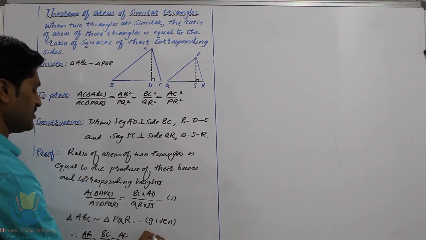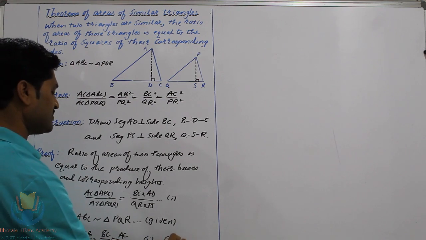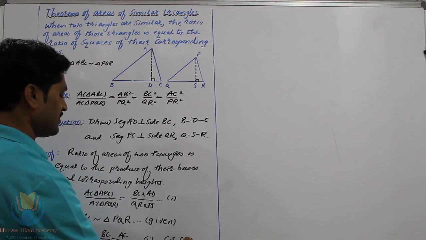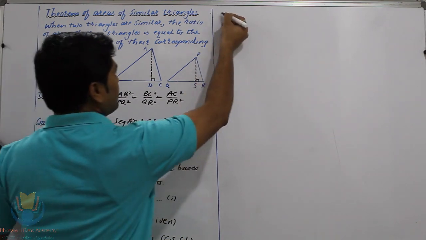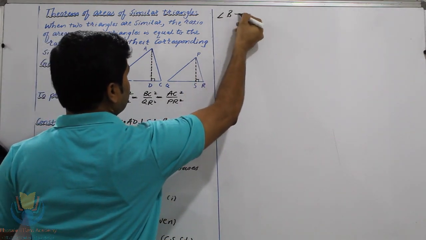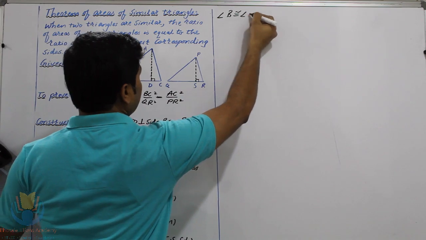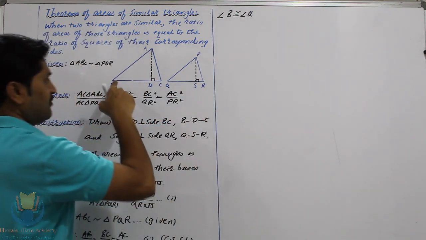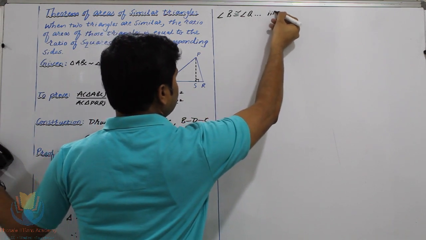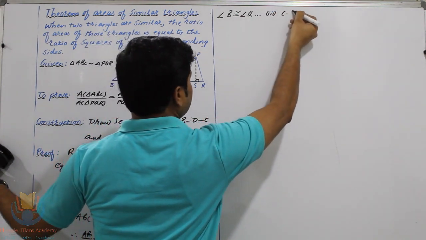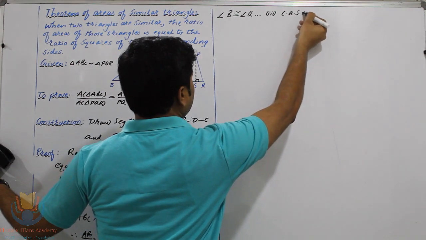Say this is equation number 2, and the reason is corresponding sides of similar triangles. We also take the corresponding angles: angle B is congruent to angle Q. This is equation number 3, and the reason is corresponding angles of similar triangles.